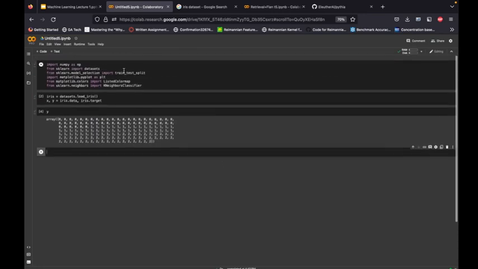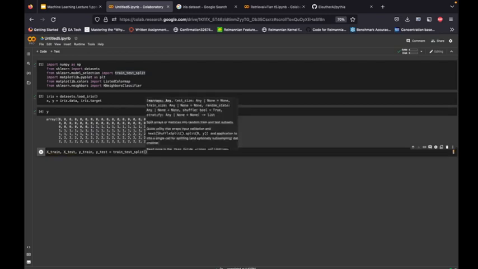And now let's actually use this train_test_split function to get our X_train, our X_test, our y_train, and our y_test. We will use this to actually evaluate our model to see how well it performs.